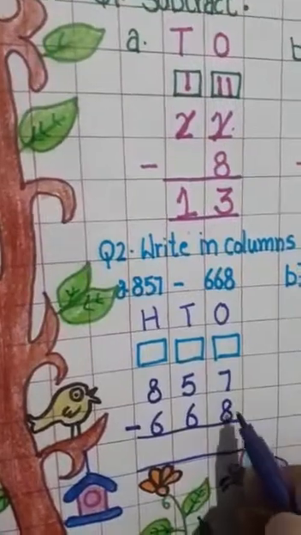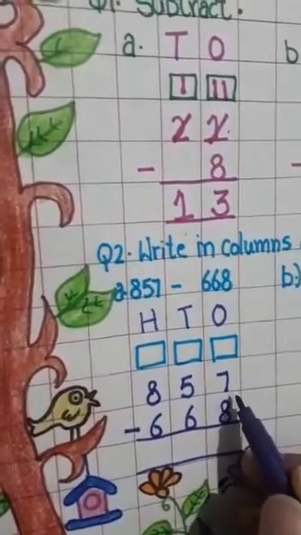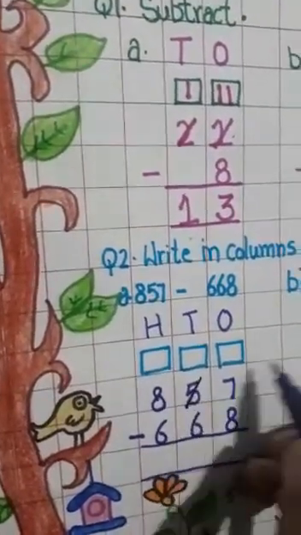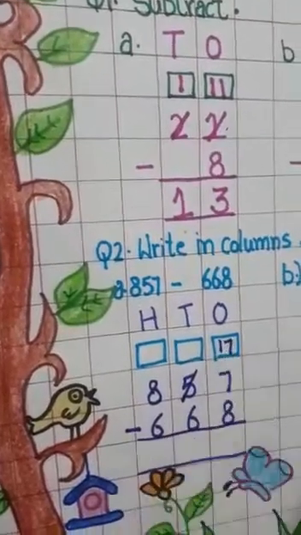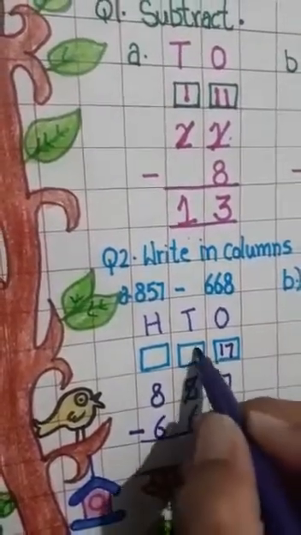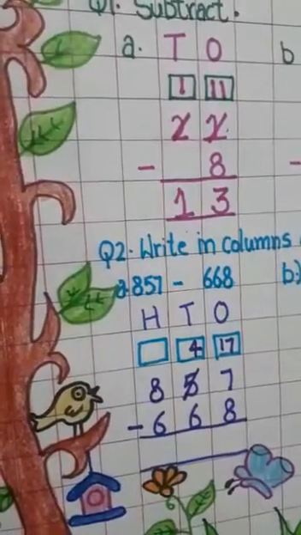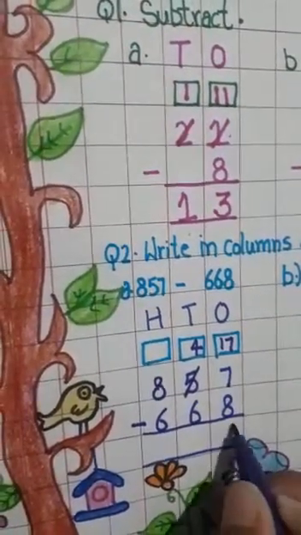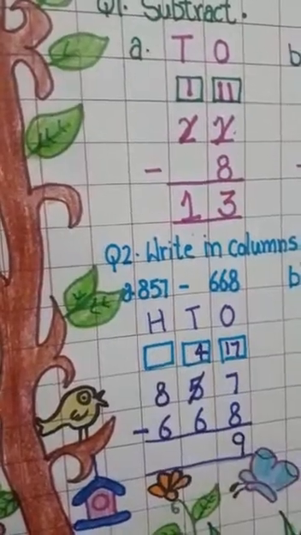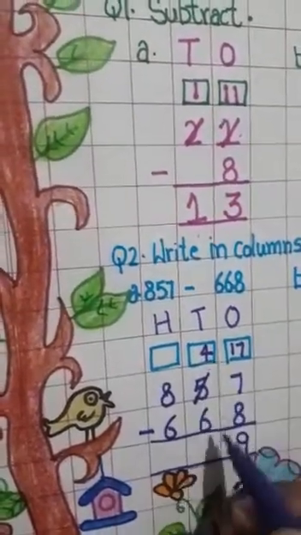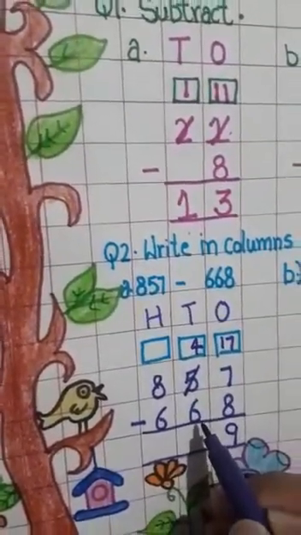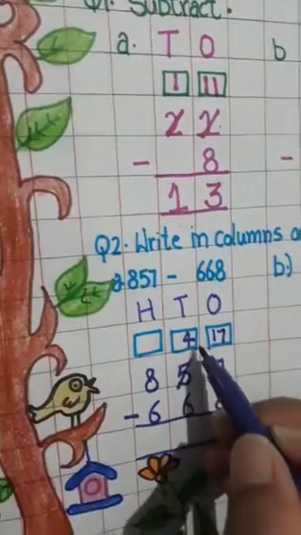Again we cannot subtract 8 from 7. What will we do? We will take 1 ten from here. Now it is 17 and this place it is 4. So now we will subtract 17 minus 8. The answer will be 9. Here now 4 and we have to subtract 6. We cannot subtract 6 from 4.